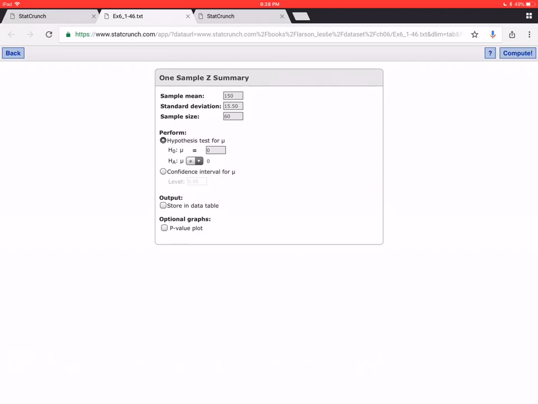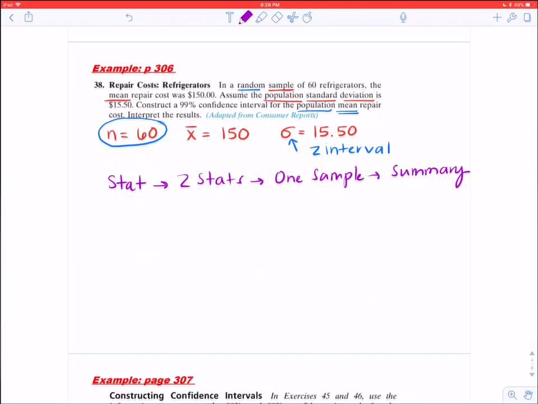Now, you'll notice when you look at your dialog box, it defaults to a hypothesis test. That's something we're going to talk about in Chapter 7. So you need to make sure that you come down here where it says confidence interval, and you click that little button. And when you do that, it's going to ask you for a level of confidence. Remember, that's that probability.